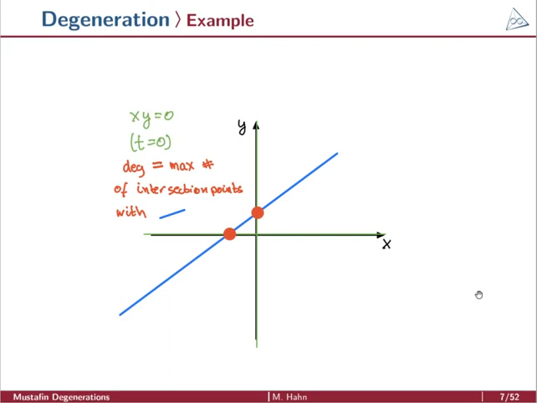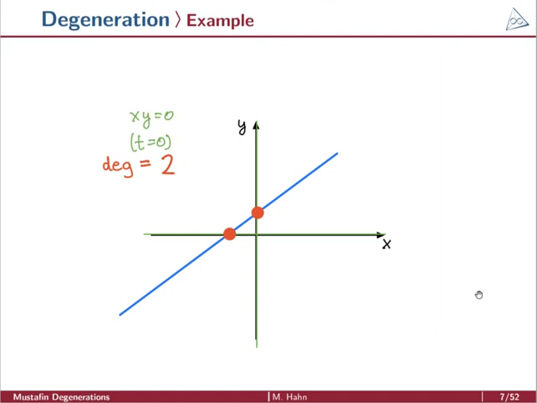In this case, the degree is simply 2, because for every line in the line arrangement we get one intersection point in the generic case. So the degree being equal to 2 is really a combinatorial datum here, because it's simply the number of lines in the line arrangement in the plane.